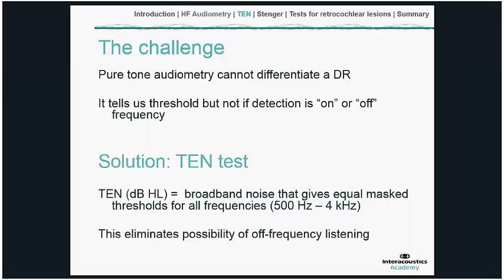The concept around this test is to repeat the pure tone thresholds, but this time in the presence of a broadband masking noise that's introduced to the ipsilateral ear, the test ear, and the purpose of this noise is to eliminate the possibility of off-frequency listening.